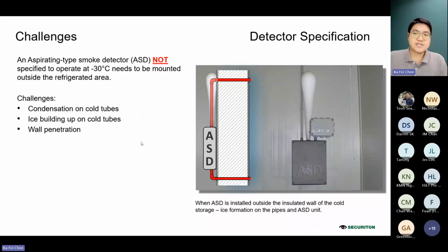Okay, so those detectors that are not rated down to -30 degrees Celsius must be mounted outside the refrigerated area. So you have wall penetration, and with this, you can see the cold pipes. The pipes are fogged up with huge ice, and this ice will break the pipe if it gets heavier and heavier. So you need to have frequent maintenance to maintain the system.